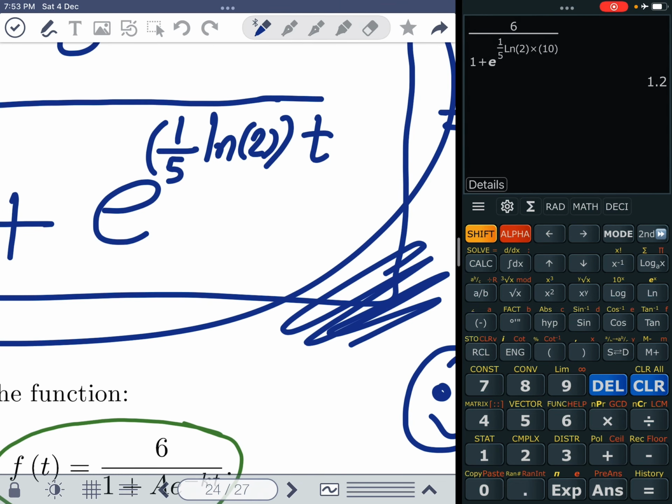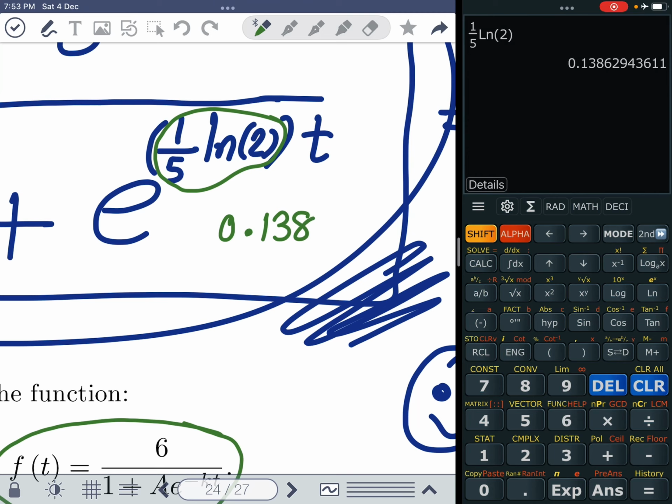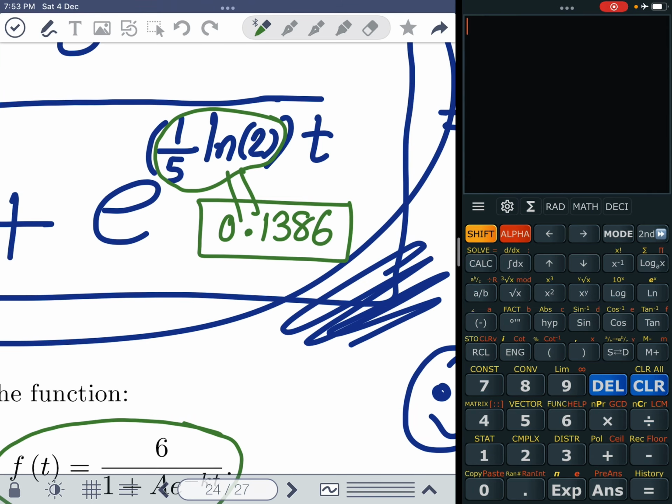And if you really don't like to keep it 1 over 5 ln 2, you know what you can do? You can always compute it. 1 over 5 ln 2 equals, you see, 0.1386. You can, if you want, do it to 4 digits like this and replace it here. And in this case, look what will happen.